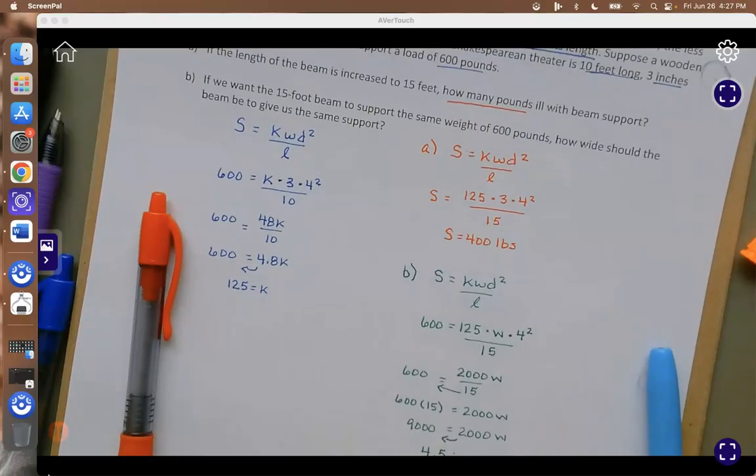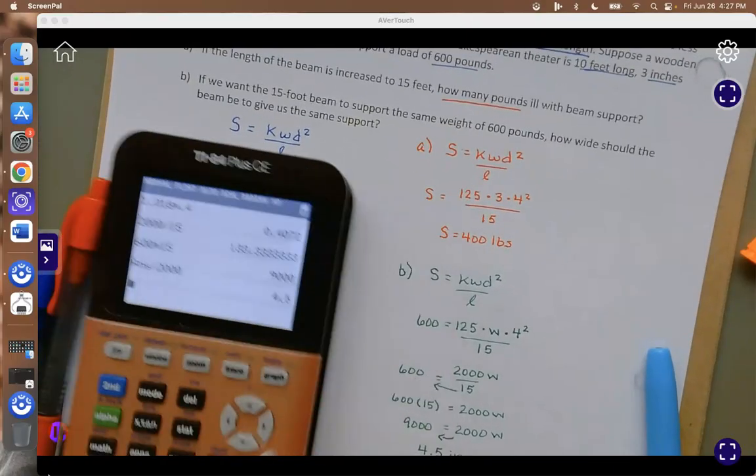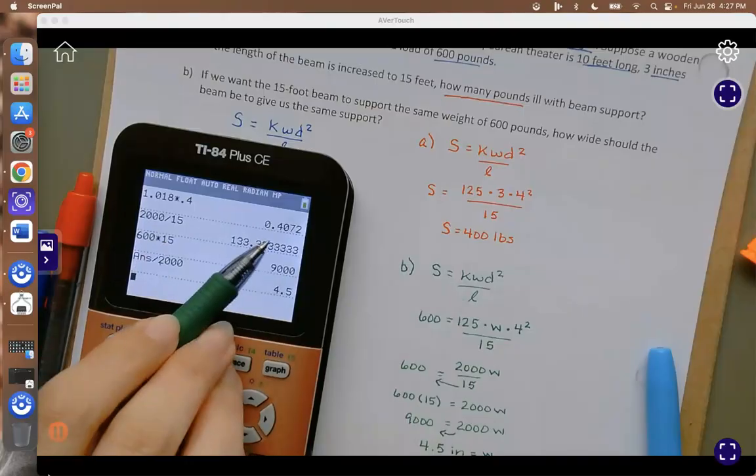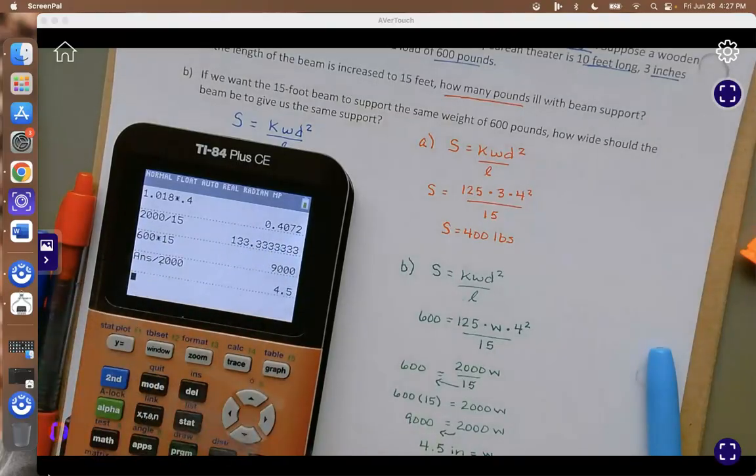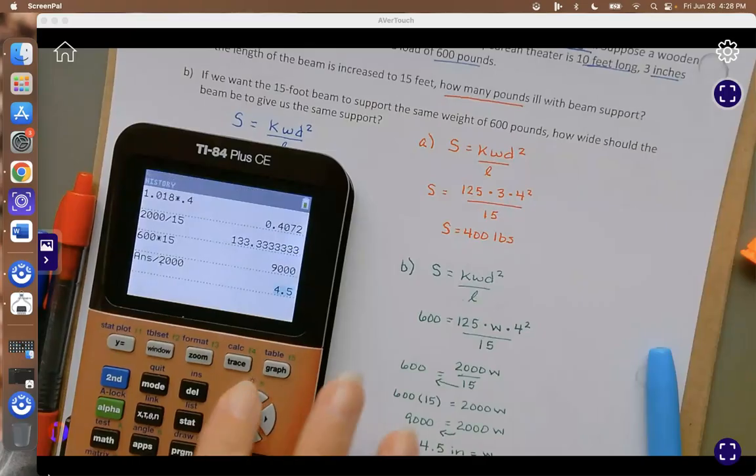Okay, the reason I didn't just divide that 2,000 by 15 is it gave me a decimal, and if I rounded it back here, then I'm constantly rounding. So I wanted to avoid that. So what I did is got the 15 out of the bottom and divided it. Okay, now let's say I did go with that 133. Let's say clear.